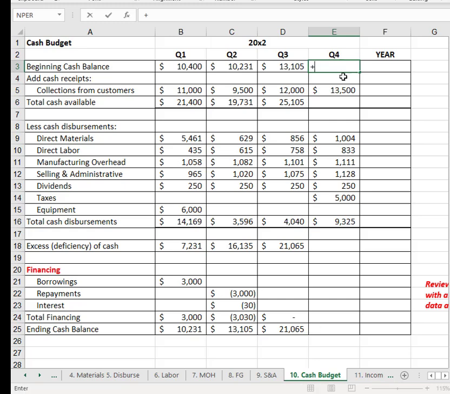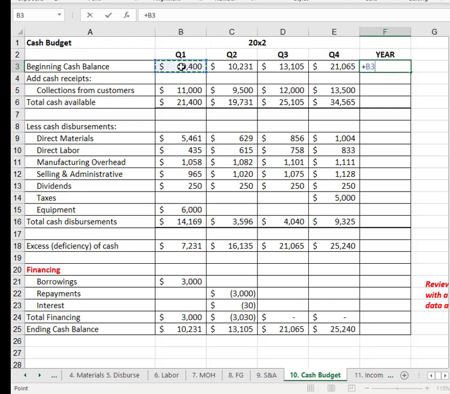Okay, quarter 4 starts with the end of quarter 3. We can now get cash available, beginning plus collected. And then we know the disbursements. You can already visually tell that cash is building. So that's fantastic. All right. And then for the year, the beginning cash balance is not the sum of all these.